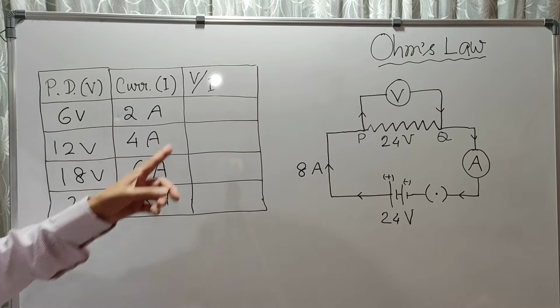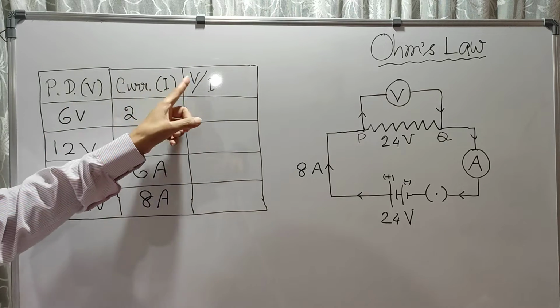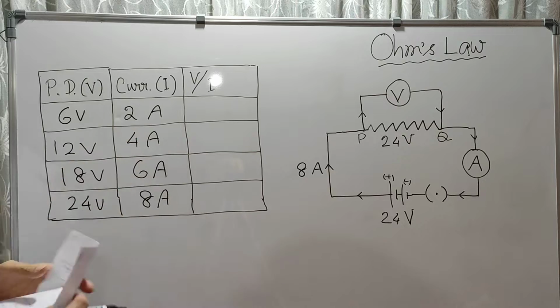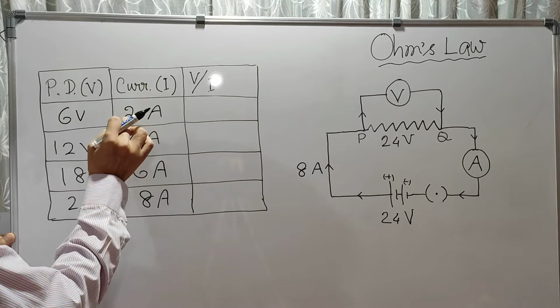All right. Now in this column, we are going to find out V by I, the ratio of V to I. So what will be V by I? V is 6 and I is 2.